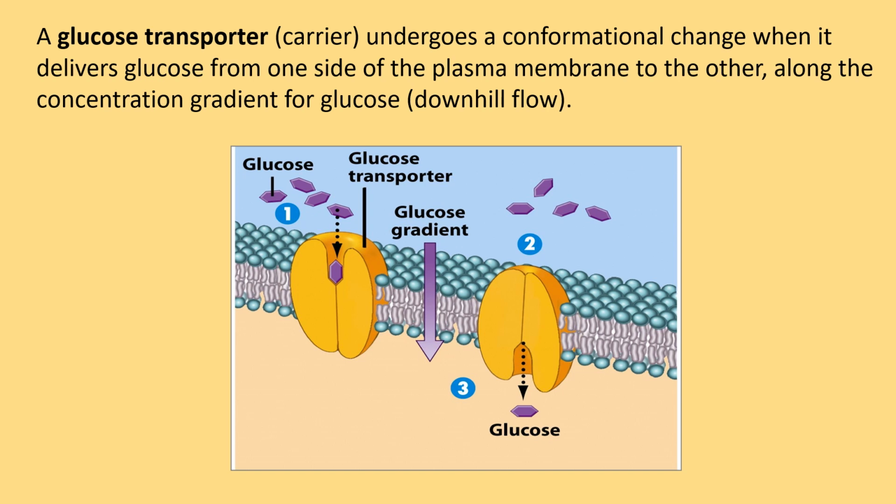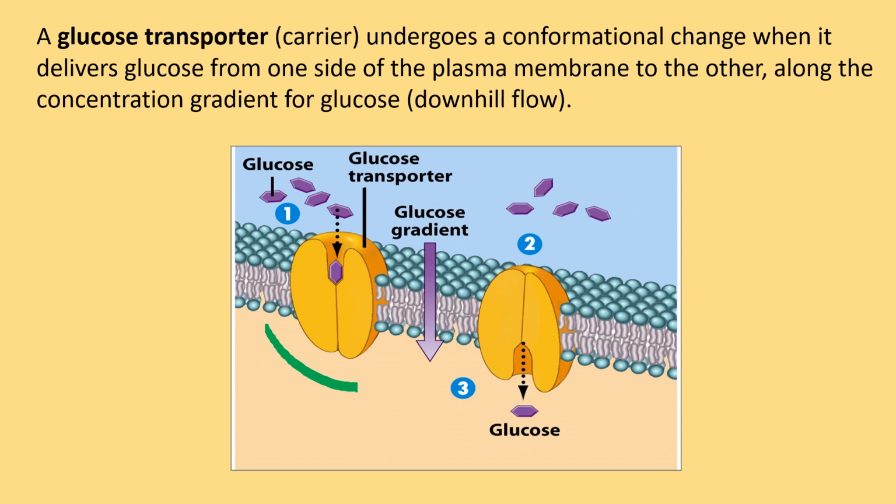How transporters work is they also undergo a conformational change, a shape change that a protein undergoes as part of doing its regular job. This protein, the yellow protein that you can see in this image, has two different shapes. When the protein is in this shape, it's ready to collect a glucose molecule from the outside, from the extracellular fluid.